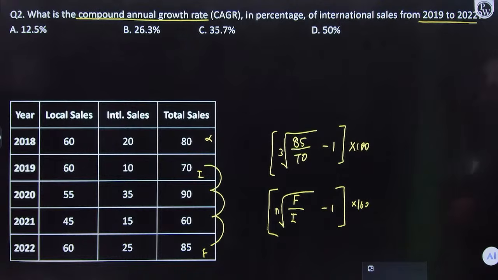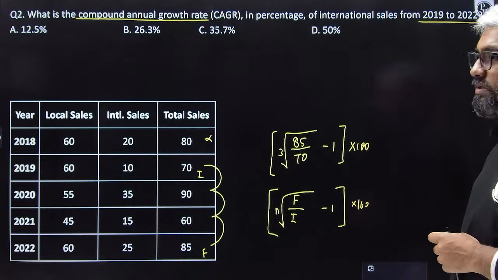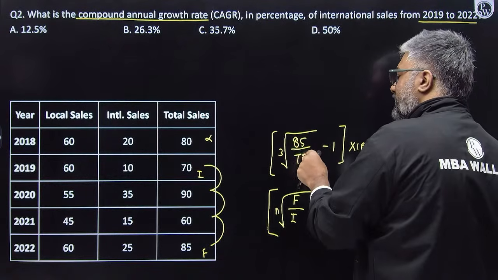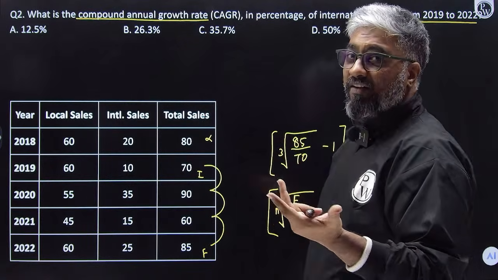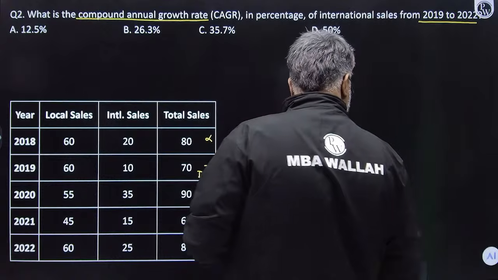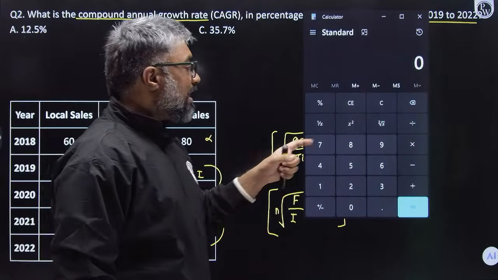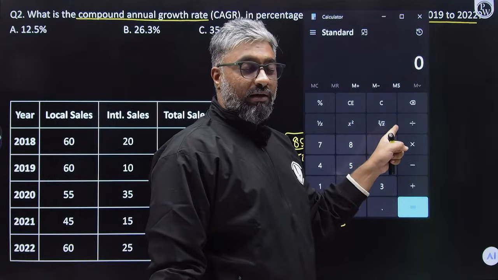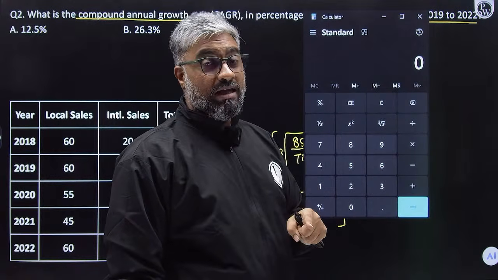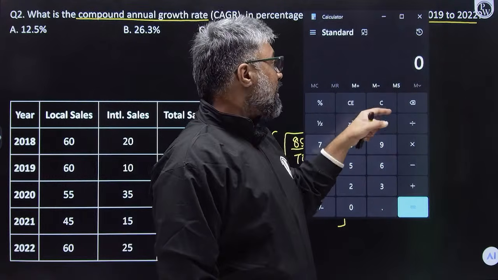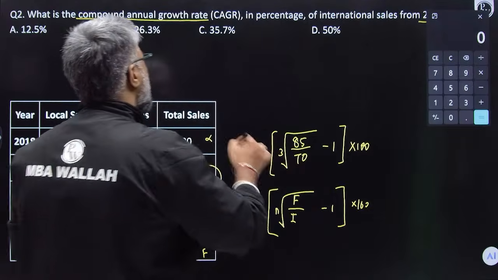Able to get this? But now the problem is, when I do 85 by 70, I can't find the cube root in CAT. Why? Because CAT can help me with square roots, but it can't help me with cube roots. So I can find out square roots.